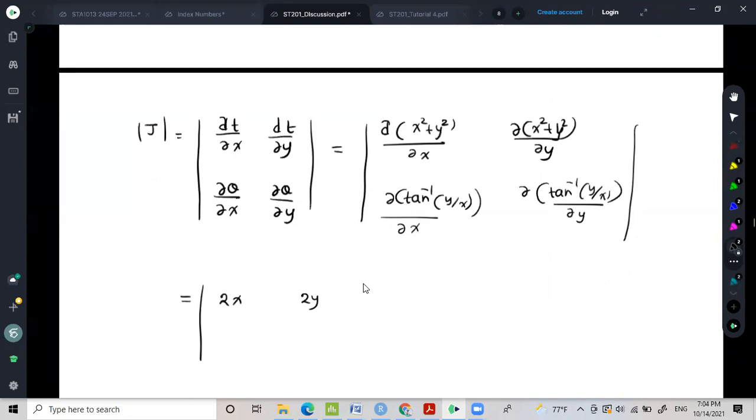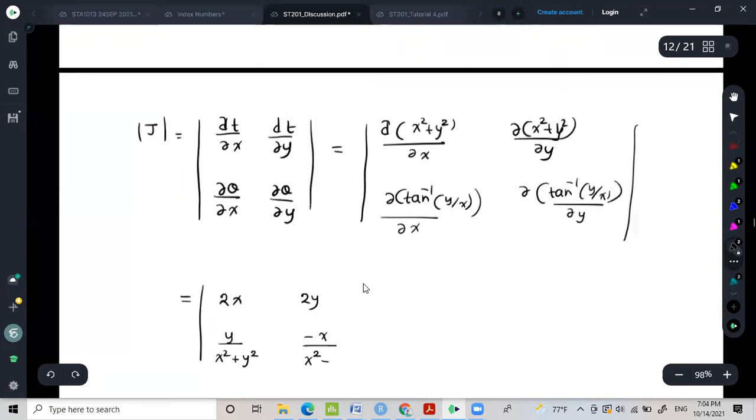Then what about the tan inverse of y over x? This information was not given in that exam. These are trig identities you have learned in A levels, so we assume that you can remember the derivative of tan inverse.